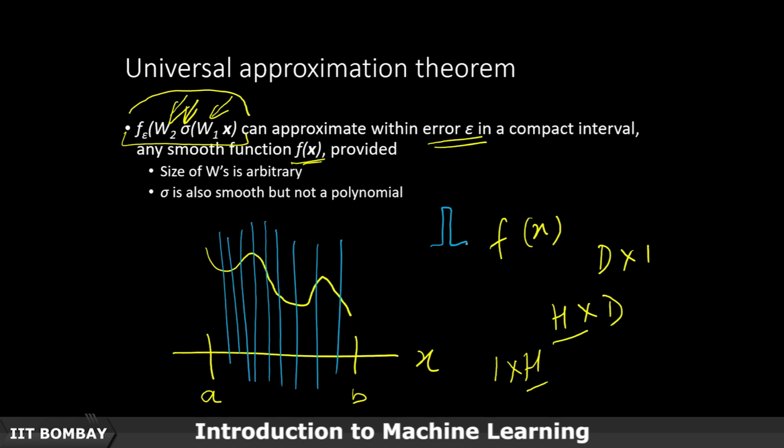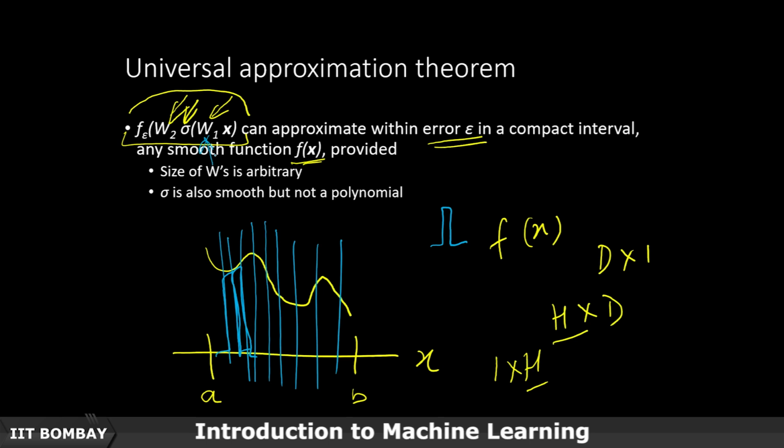I can move this sigma around and I can place it anywhere. How can I place it anywhere? I can place it anywhere by changing the bias in the W1 matrix, assuming x also has a 1, and I can move it around by changing the weights of W.